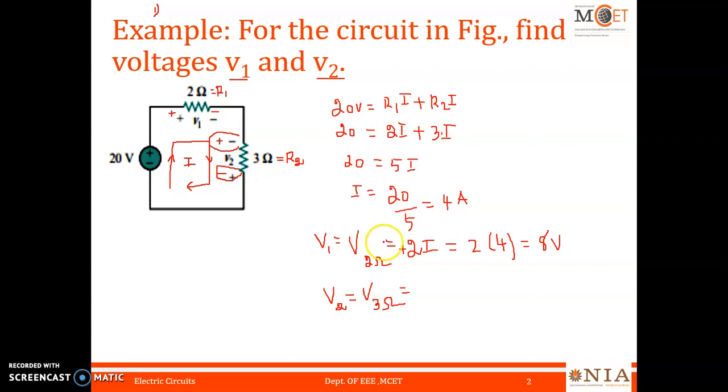So we have to represent this branch voltage drop as minus 3 into I. This minus sign indicates that the conduction path and the given polarity are opposite. So minus 3 into 4 ampere is equal to minus 12 volt. So this is the value of V1 and V2.